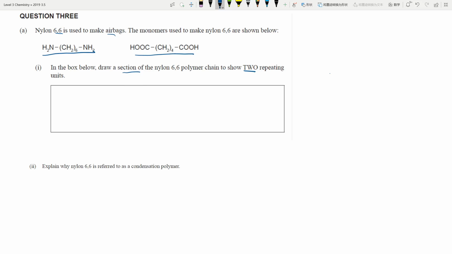Now this is what I always tell people in my class. Think of the year 12 monomers and making polymers. With addition polymerization, there is only one type of monomer, and there are a million of you lining up in one straight line, and then you decide to hold hands.